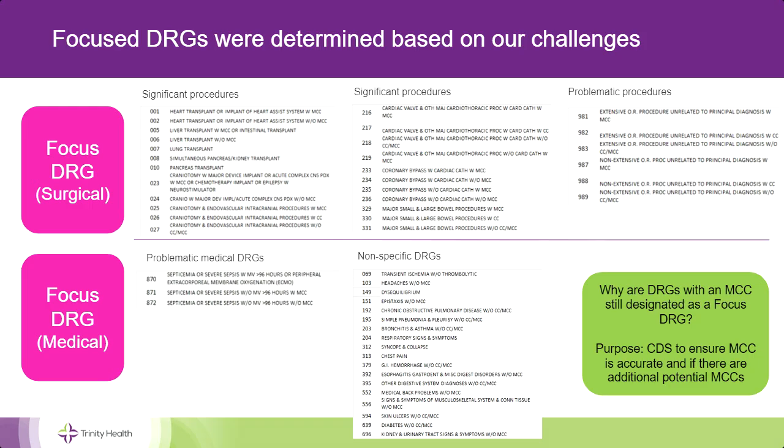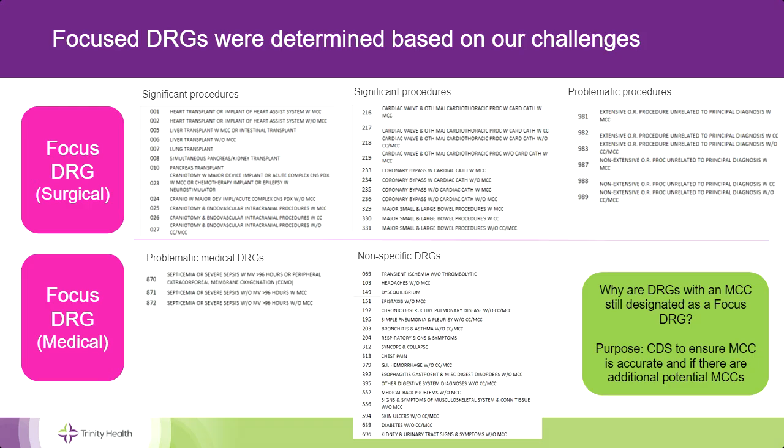So we want our CDSs to ensure that MCC is appropriately assigned and well documented throughout the record. In addition, if there are any potential additional MCCs, we want the CDSs to query for those if appropriate, rather than having that case move down the list in priority. We consider that audit proofing the record.